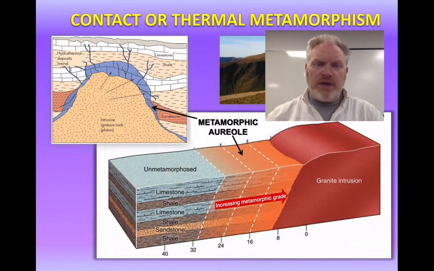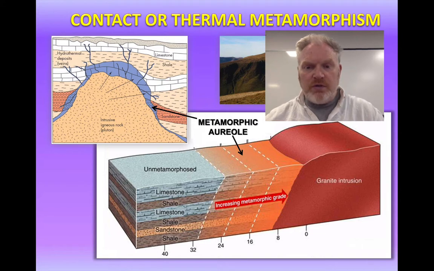We can also have what we call contact or thermal metamorphism. And this is caused by the intrusion of plutons. So, for example, if we get a big granite pluton intruding into some country rock, often sedimentary rock, the heat from that intrusion will spread out into that surrounding country rock and it'll metamorphose it.